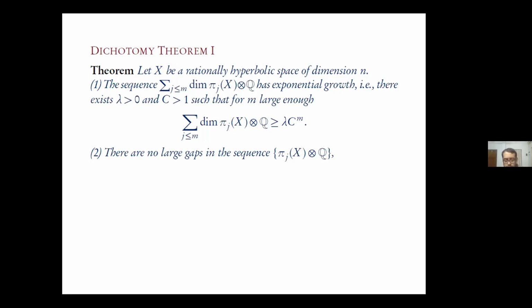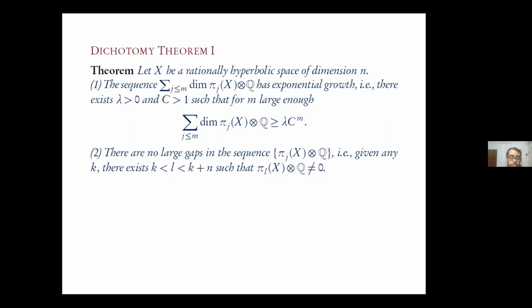And the answer is no. What this means is, given any k, if I look at the rational homotopy groups from pi k to pi k plus n, there is going to be some L between k and k plus n such that the Lth rational homotopy group is non-zero. So you do not have large runs of zero rational homotopy groups for such a space. Okay.